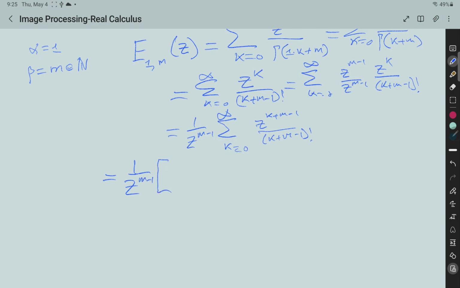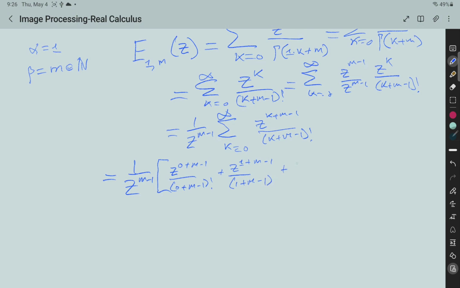So let's start with k equal to 0. What happened to this term here? Then I would have z to the 0 plus m minus 1 divided by 0 plus m minus 1 factorial. And then the next term, z to the 1 plus m minus 1 divided by 1 plus m minus 1 factorial.